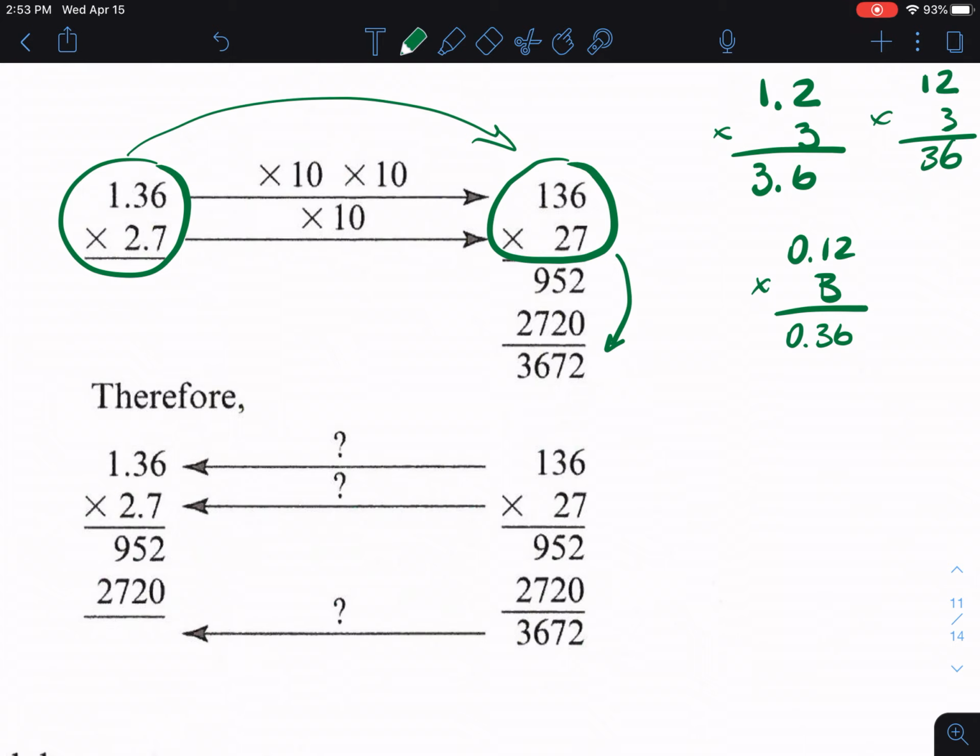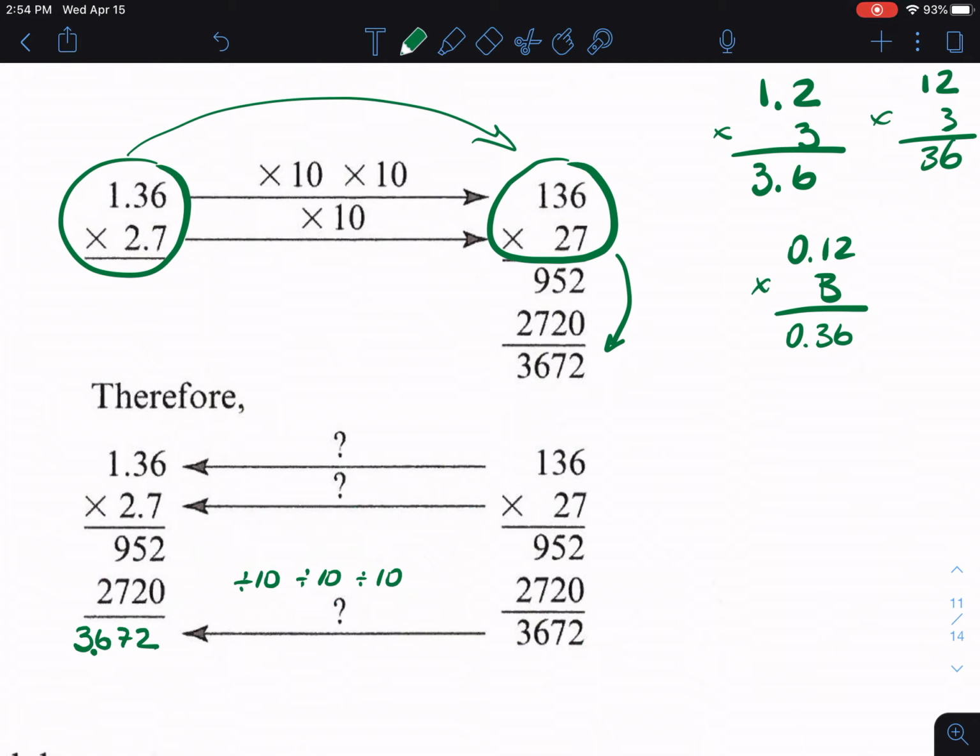So if we want to go back, wouldn't we need to divide by 10 three times, to get back to the original value that we had? So instead of 3,672, we would divide and place our decimal after the 3.